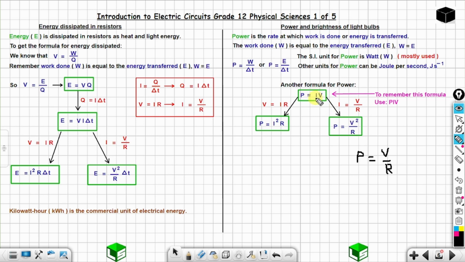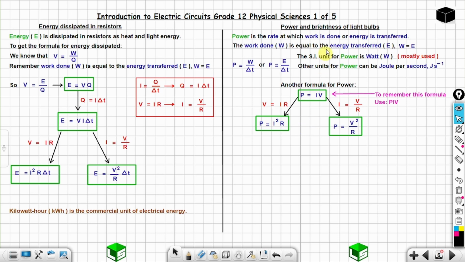You carry on times voltage. Now, you have voltage times voltage. You are going to have voltage squared over resistance. Can you see? So with substitution, you can derive other formulae of power.